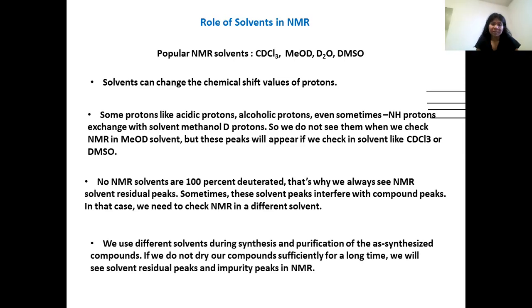And also NMR is very sensitive. It can even trace any of the impurities you have in your glassware, in your RBs, in your column, whatever. It can catch any impurities. So be very careful during your synthesis and purification procedure if you want to get a good NMR.